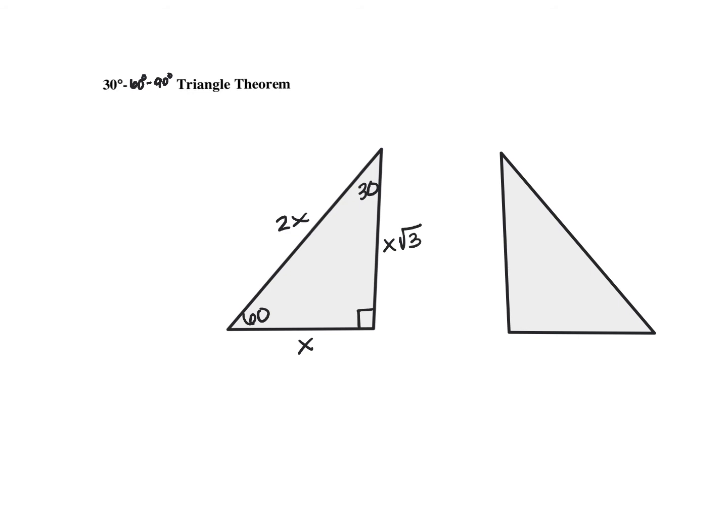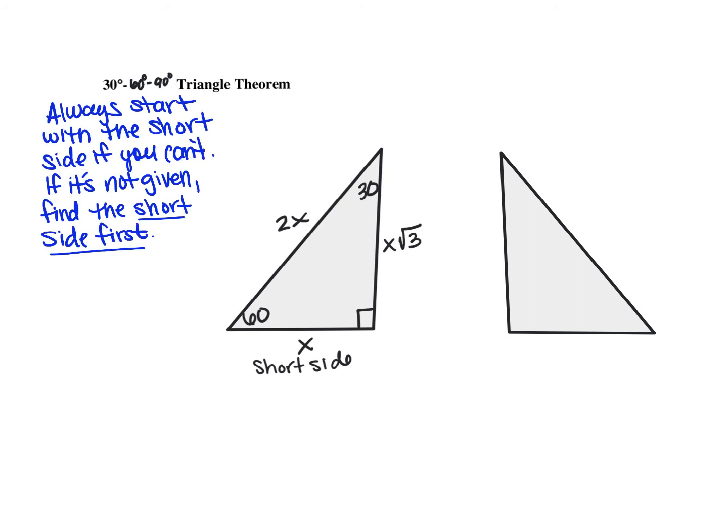Okay, so when you're trying to find the lengths of the missing sides of a 30, 60, 90 special right triangle, you always want to start with the short side if you can. Sometimes the short side won't be given to you, so if it's not, you want to find that side first.